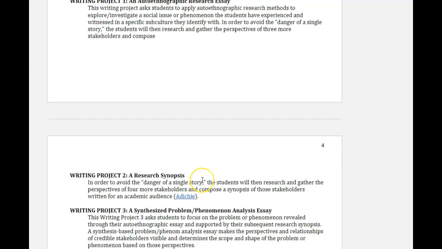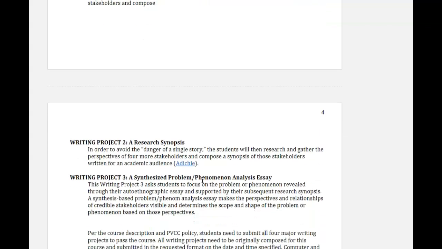The second one is going to be building on that first research by doing more library research and finding other voices who can inform us of this topic or build on this topic and just expand our understanding of it. And the third writing project is where we are going to take that and write a synthesis, that means bring all those voices together, into a problem or a phenomenon analysis.